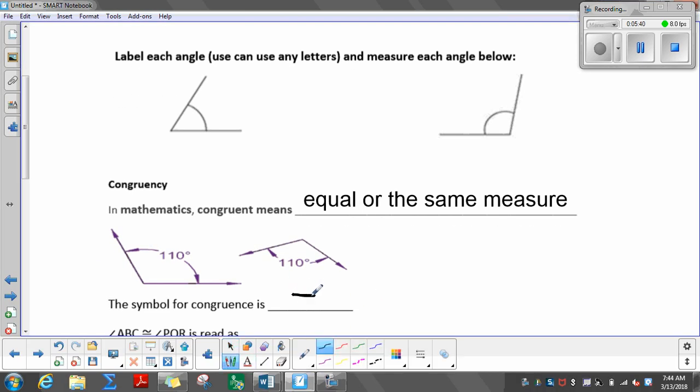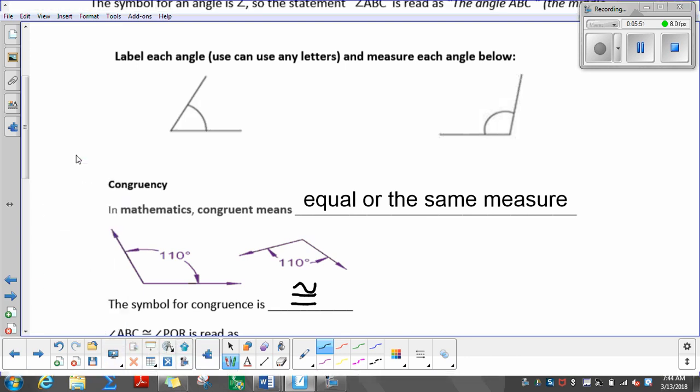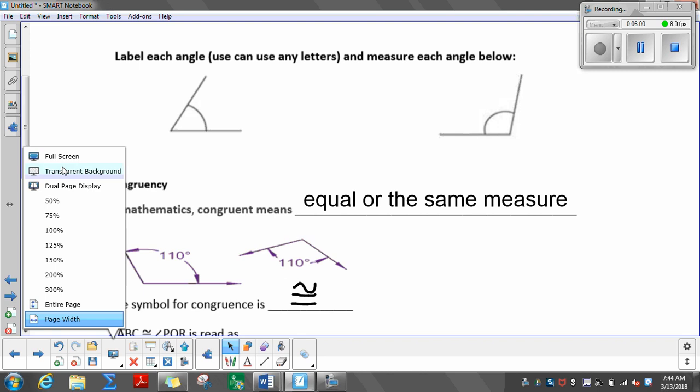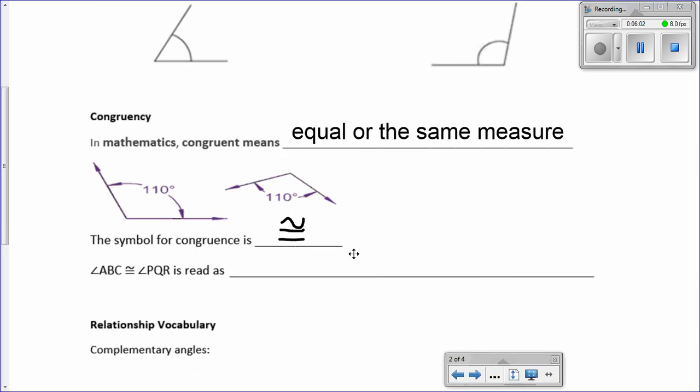And the symbol for congruency, I'm going to have to use a marker for this, is basically an equal sign, but we put a little squiggle over it. That's a really bad one, but it's okay. You'll survive. Just a little squiggle. Sorry, I'm jumping all over the place. This is what happens when I don't prepare. I was going to teach it to you all together in class, but decided not to.